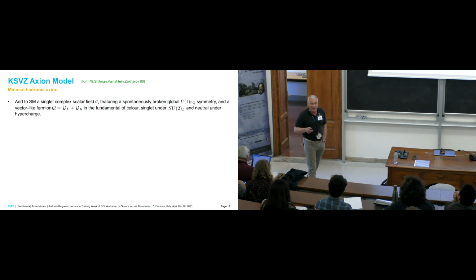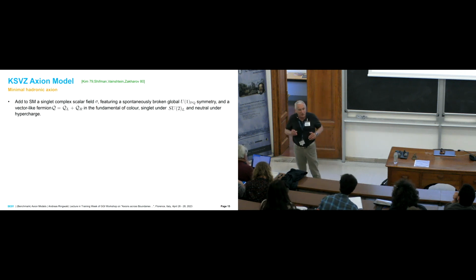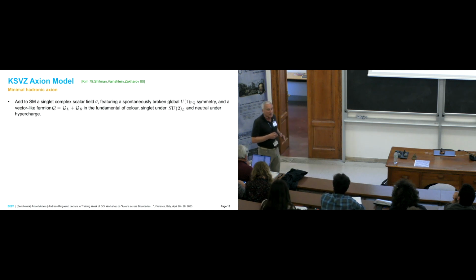So it could be ruled out very fast, but 3 years later, Kim, Shifman, Vainshtein, Zakharov came up with a UV completion which produced an invisible axion. The models which I am talking about today all belong to the class of invisible axions.